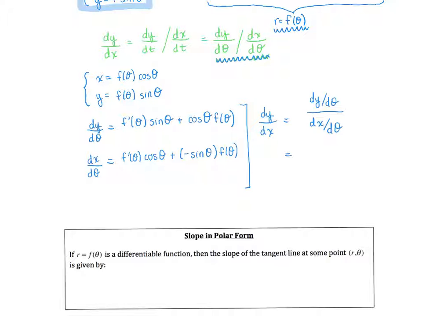So dy d theta is going to be f prime of theta sine theta plus f of theta cosine theta over dx d theta. And so hopefully maybe you're seeing there's some structural corrections that I'm making here just for the sake of elegance.